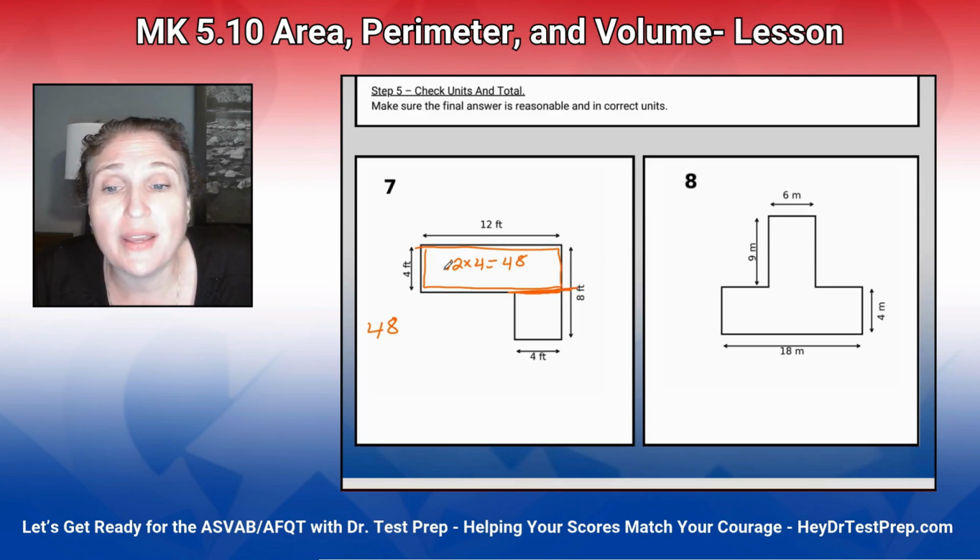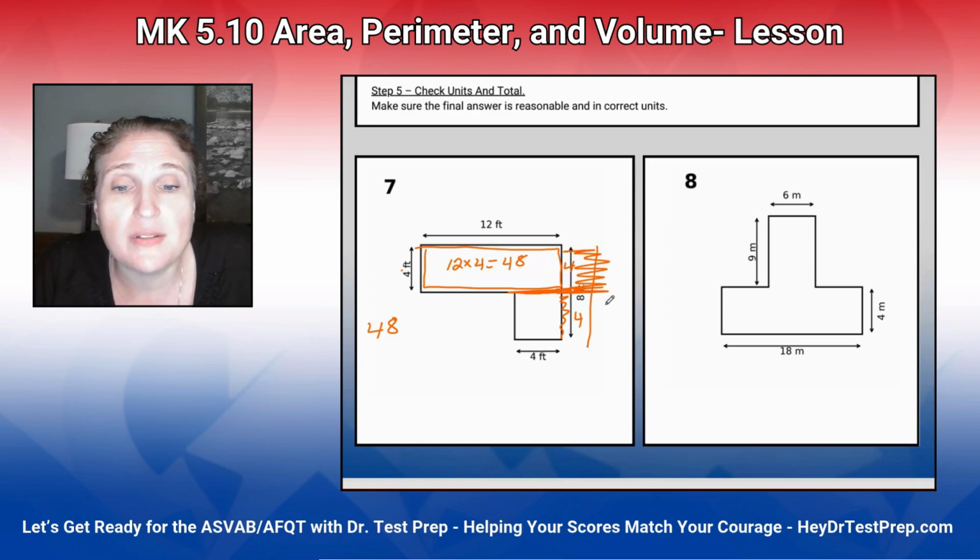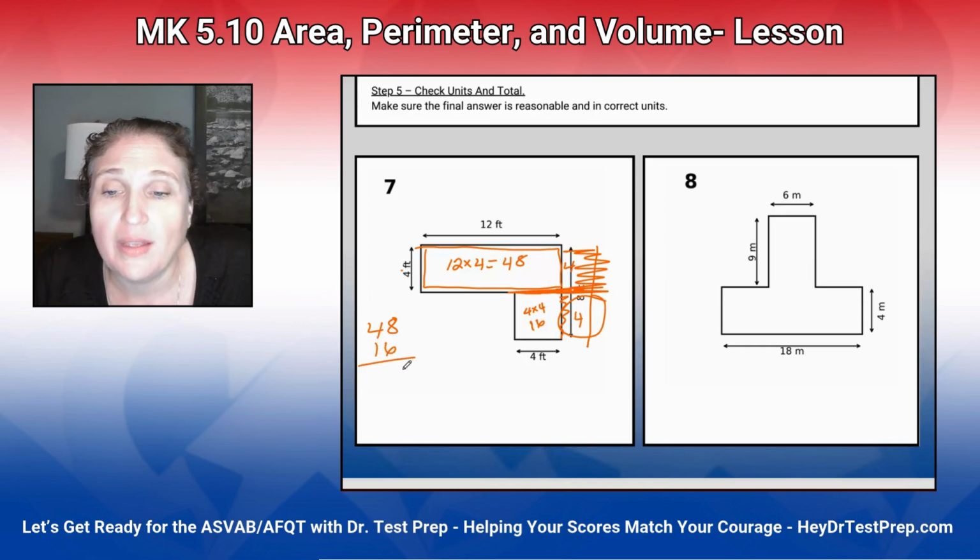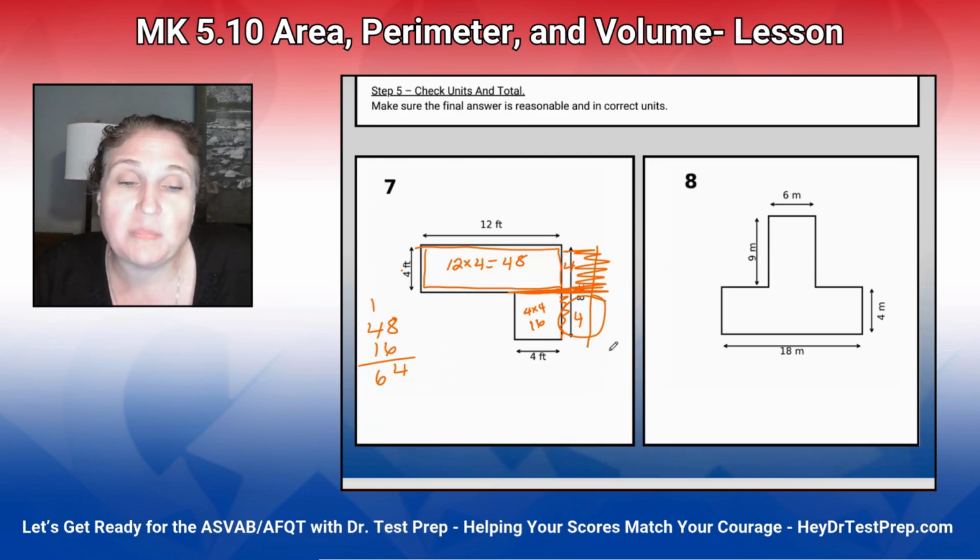I'm going to say, okay, if this is 4, that means this is 4, which means I have 4 left for over here because this whole thing is 8. I've already done this part, so that means I have 4 left. So this box is 4 times 4, which is 16. And when we add them up, we get an area of 64.